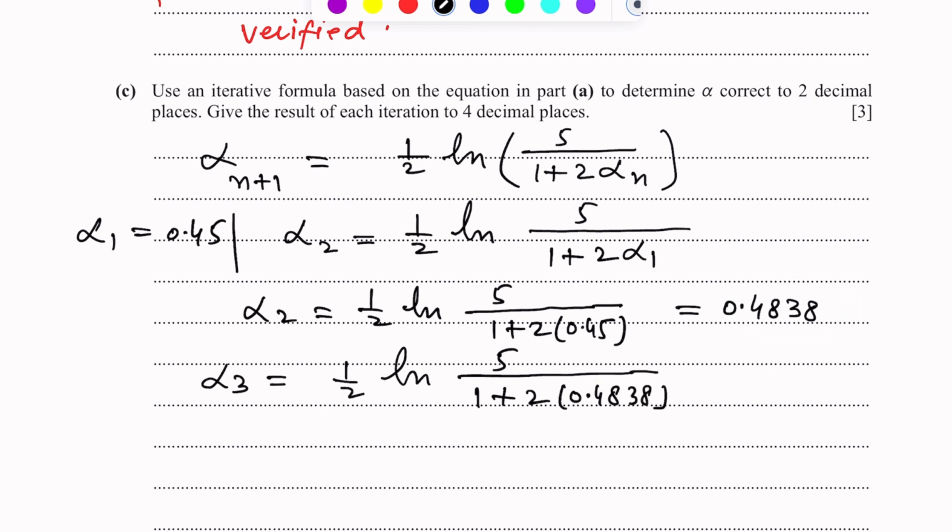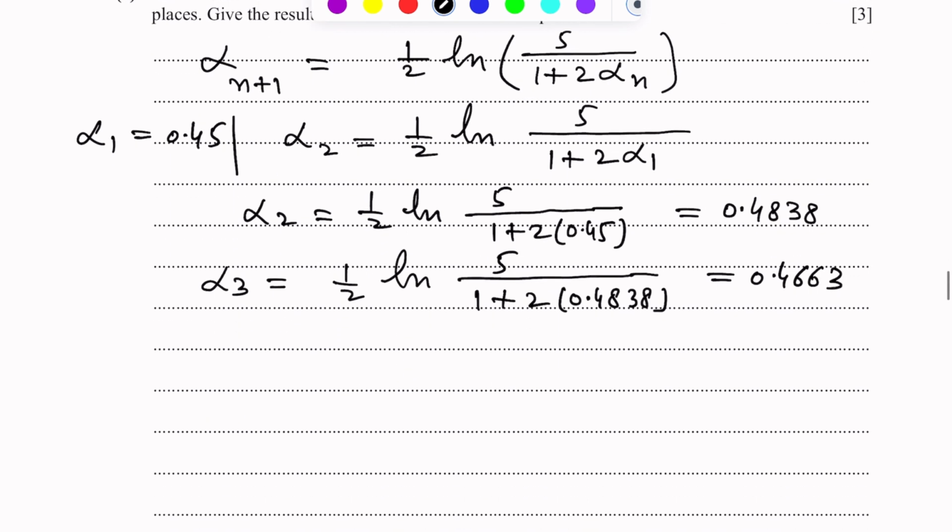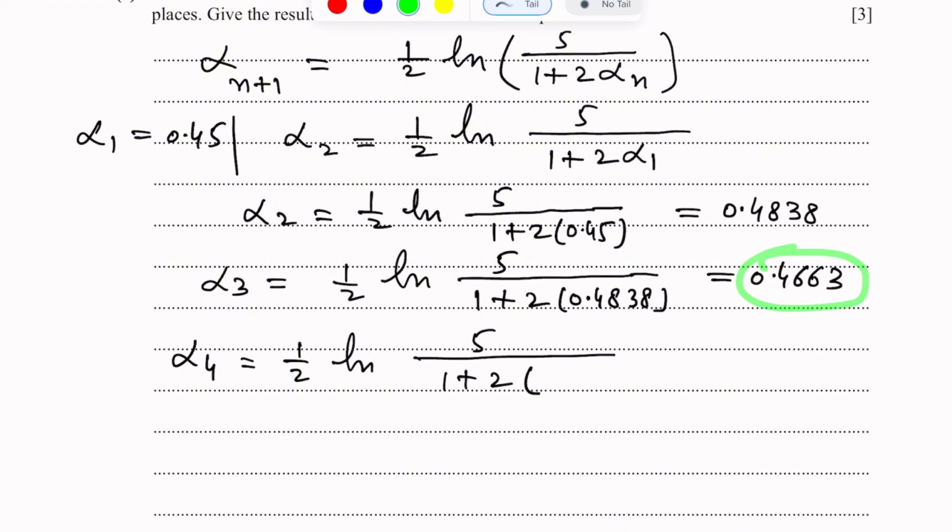After calculation, we get 0.4663. Now next is alpha 4: 1 over 2 log 5 over 1 plus 2 into the value of alpha 3, which is 0.4663.